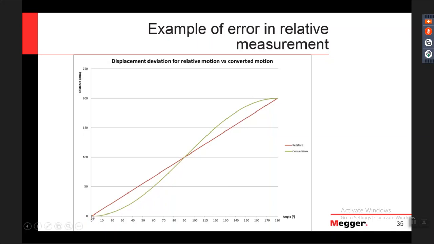But if you measure with the relative method, it will have the same scale factor throughout the stroke. So in the beginning and the end, of course, you will have the same values, similar at least, but in the middle, you can have some deviation.